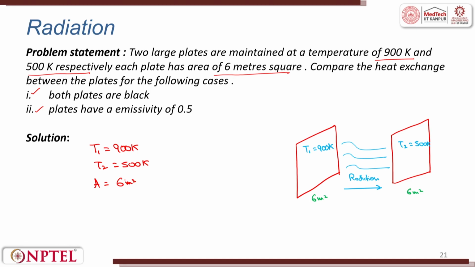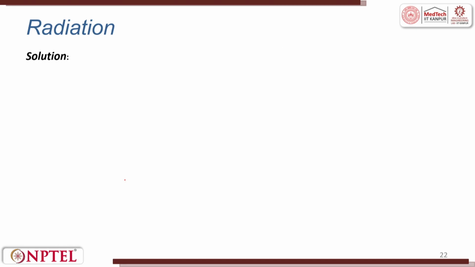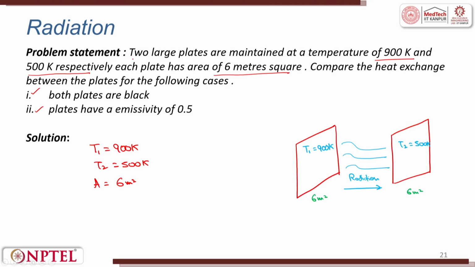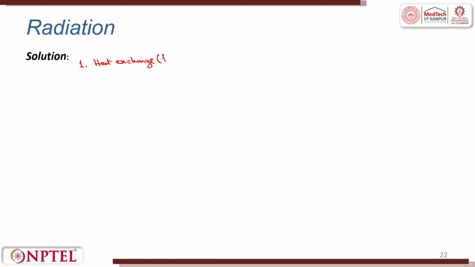Now, case 1. Case 1 is heat exchange. Heat exchange is asked here in the question. When we say heat exchange, it is heat transfer when both plates are black.